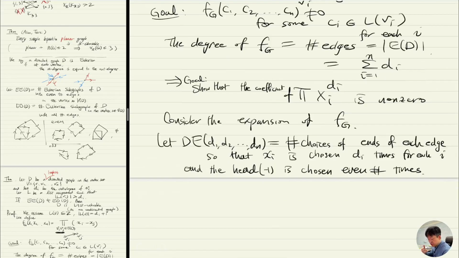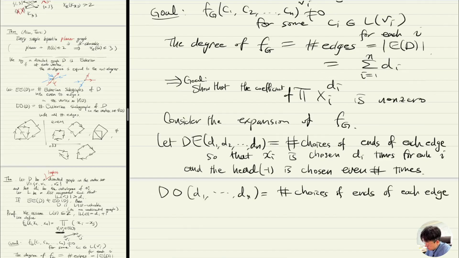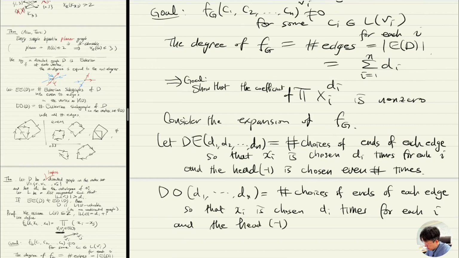So this dE contributes positively to the expansion, and dO is the same thing, the number of choices of ends of each edge, so that xi is chosen di times for each i, and the head, so minus 1, is chosen an odd number of times.